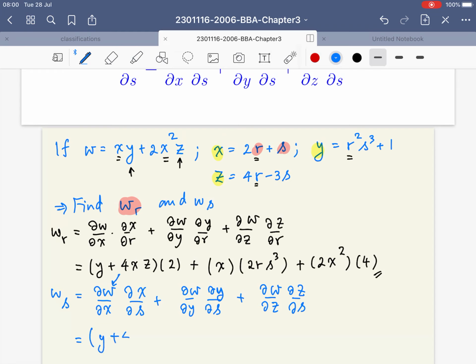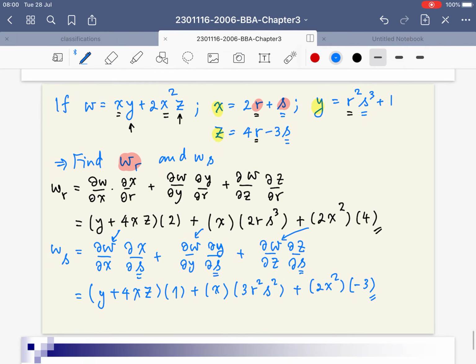You just copy what you have done before, but now dx by ds is right here, which is 1. The second one is the same thing, just copy what you have, and dy by ds right here is 3r squared s squared, and dw by dz is the same thing here, 2x squared, and right now dz by ds is right there, which is -3, and you can stop here, okay? So this one is the derivative of w with respect to r.